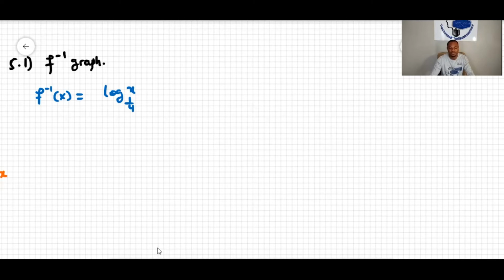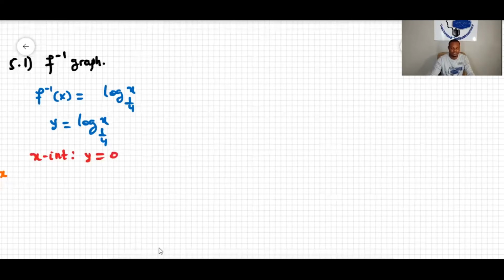So to find the intercepts, I'm going to write here y equal to log of x base a quarter. We can start by finding the x-intercept. X-int means we're going to make y equal to 0.